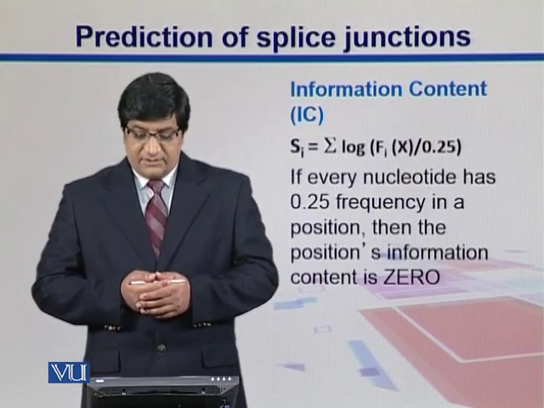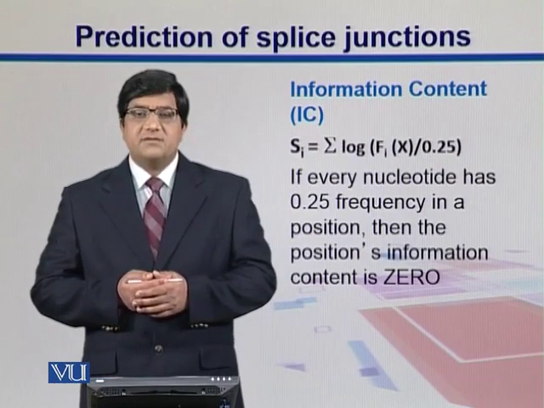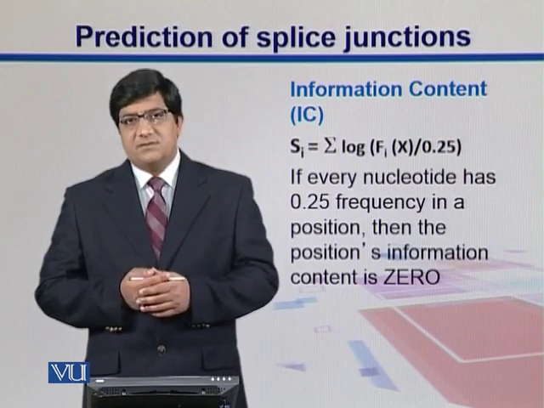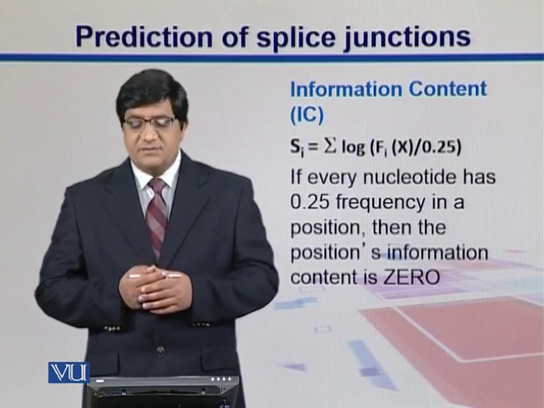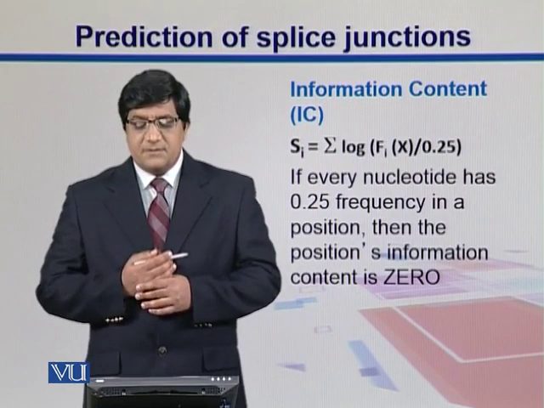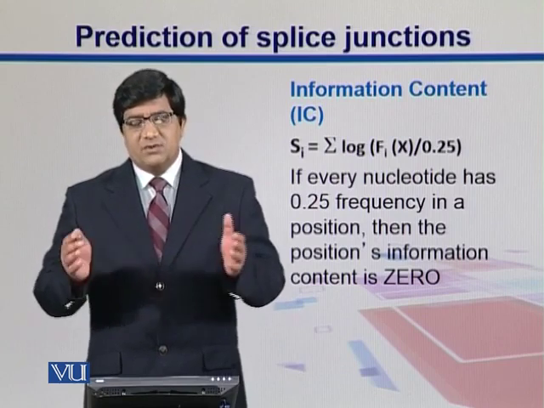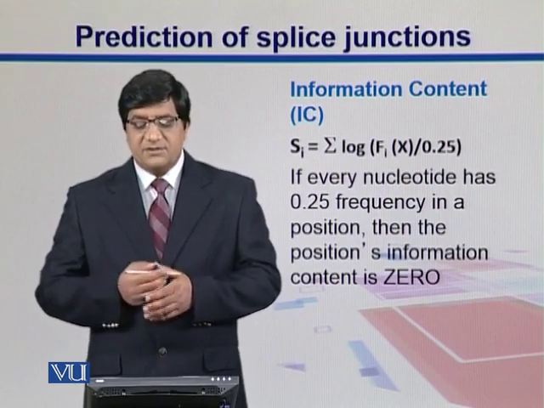So we can get the information content. We can see the observed frequencies of some nucleotides around these donor and acceptor splice sites, and we can use those frequencies to calculate the relative frequencies of those particular nucleotides, and then we can get a scoring function out of it.